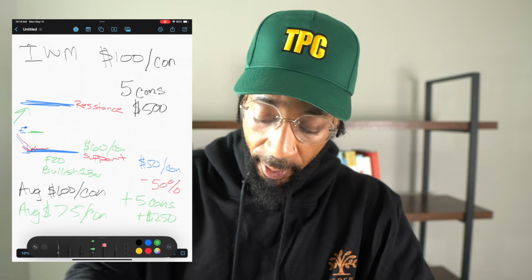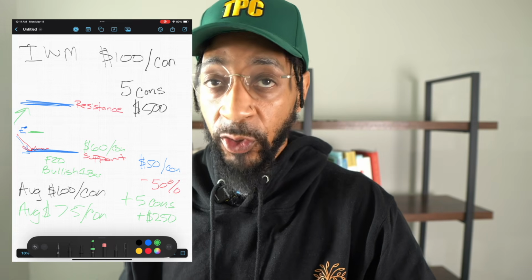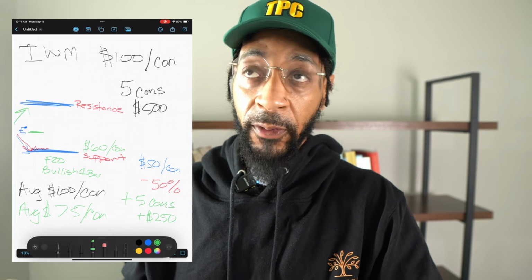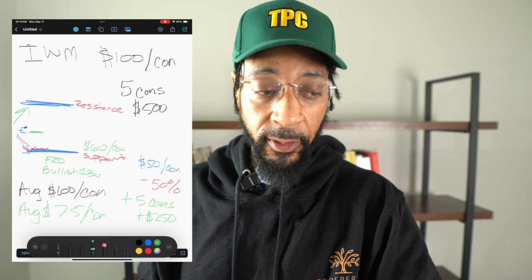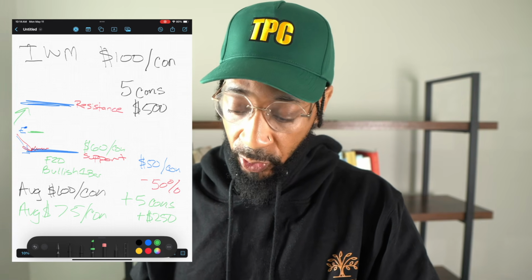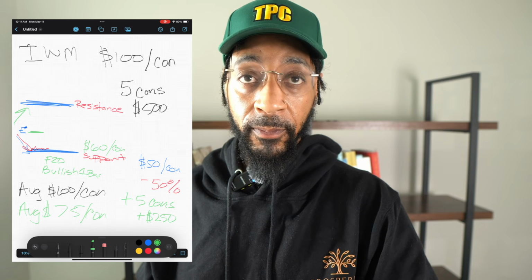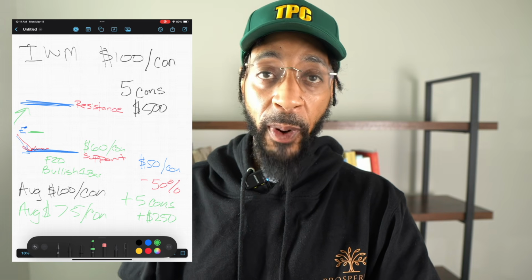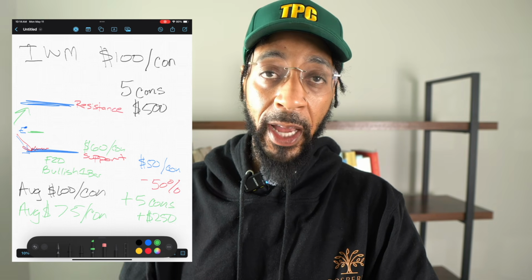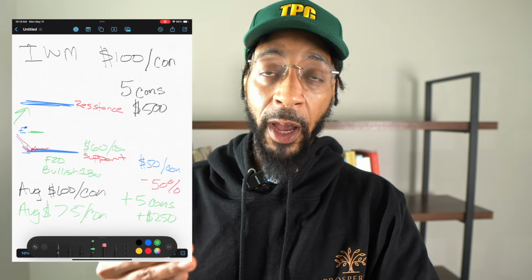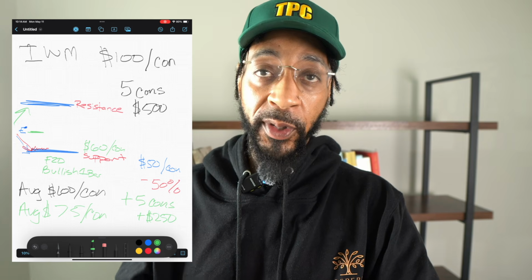Now you're only down $15 per contract, which is $150. Before, you were down $250. Your average price was $100 per contract, but you got 5 more contracts, and now you dropped your cost by 25%.